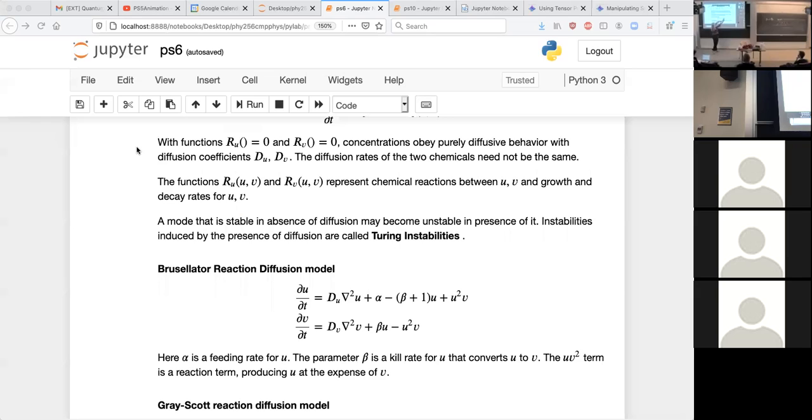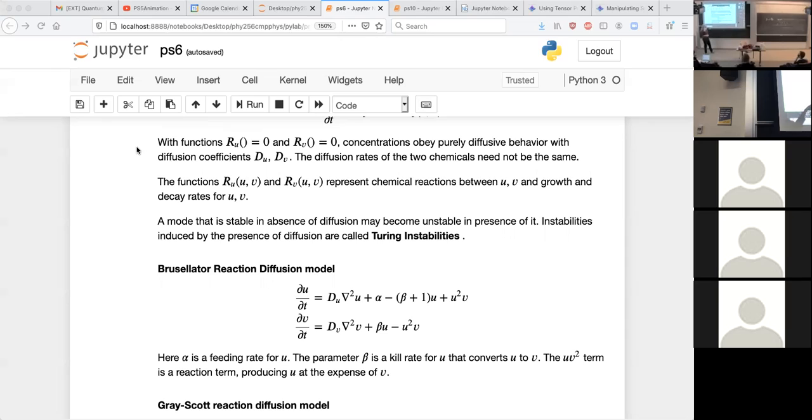You can see that it's related to chemical reactions because this is a growth term for u but a removal term for v, so u is grown at the expense of v, and beta grows v. You can think of these as growth and kill parameters. This term doesn't have any coefficient in front of it, so the whole thing has been normalized in terms of the nonlinear term.